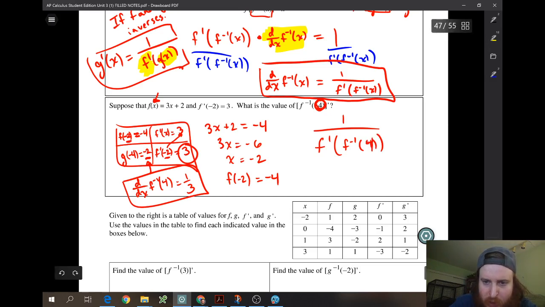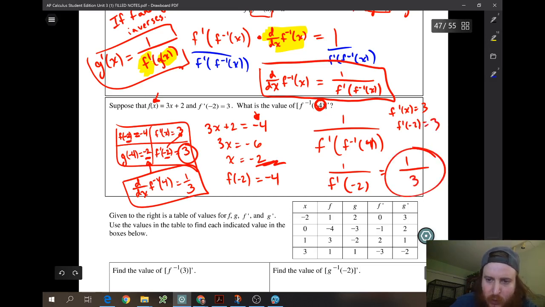We take 4, it's our x value, and we plug it in for the y value of its inverse. So we did that. So it's like saying 1 over f prime of -2, of this answer that we got. Now, how do we do that? Well, first we need to take f prime of x, and f prime of x would be 3, and so then we need to do f prime of -2, which is also 3. So f prime of -2 is 3, so 1/3.